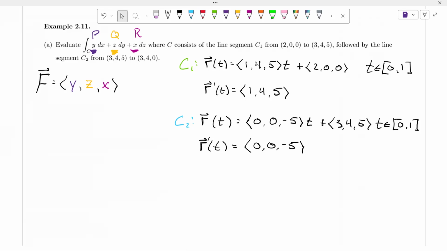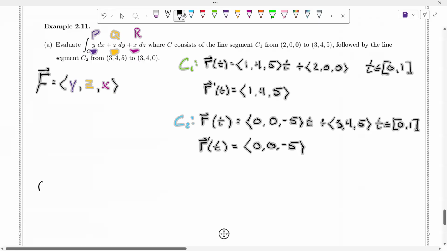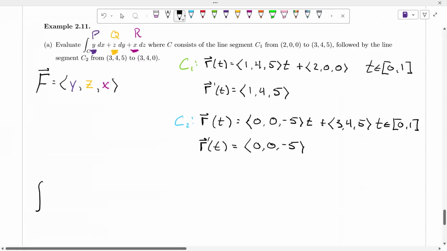So I want the integral of, how do I want to write that? It would have to be F dot T ds. Yeah, let's call this the integral of PQR. Let's do it that way.